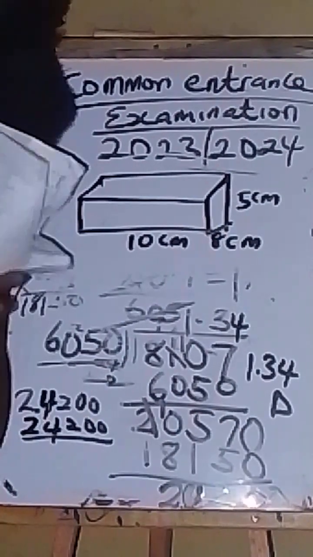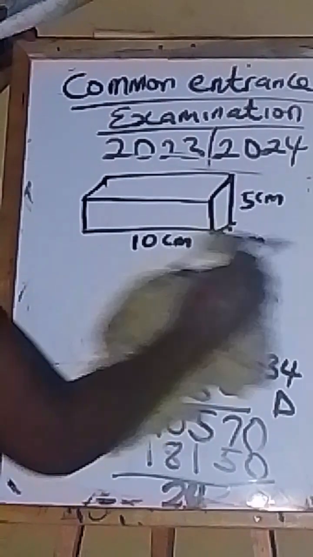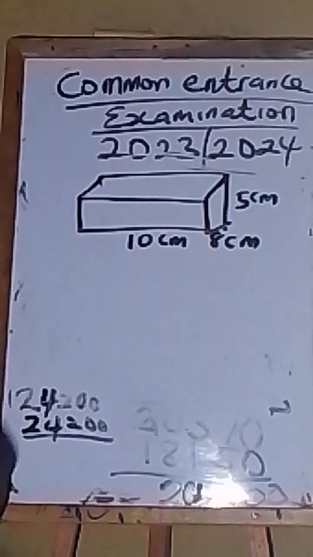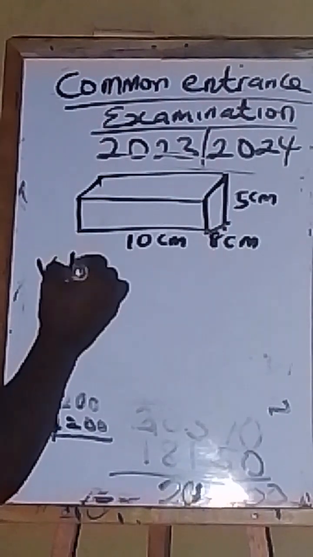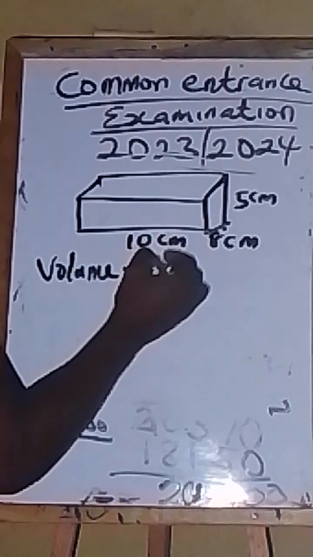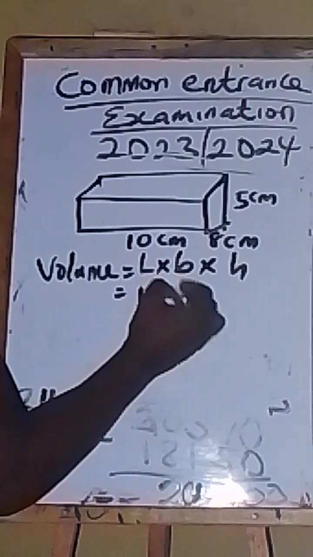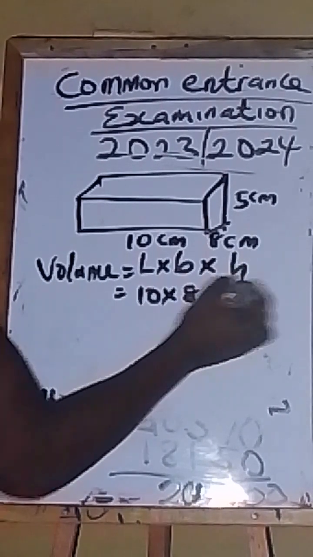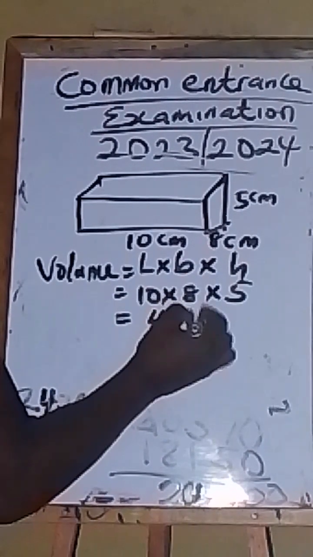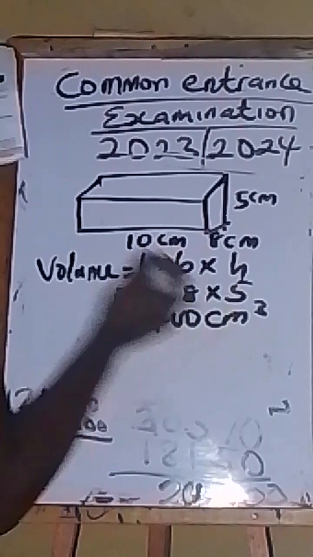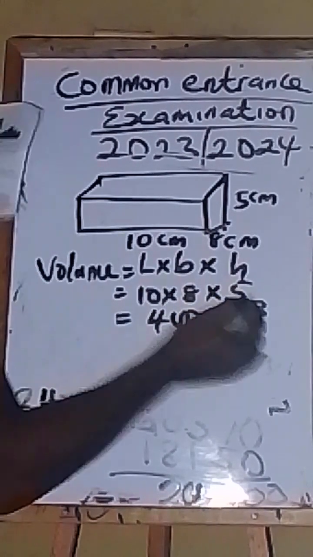This is a cuboid. So for a cuboid, the volume is length times breadth times height. And that will give us 10 times 8 times 5. And that is 400 centimeter cube. Option A.